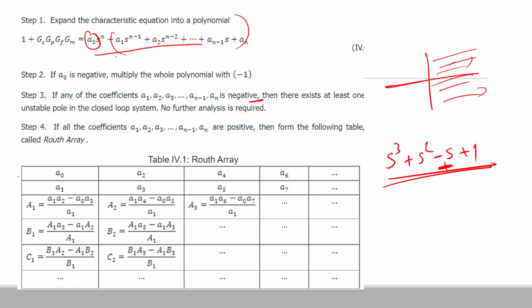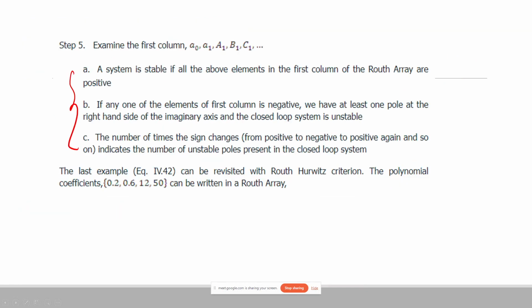That is, if all of these values are positive, that implies the system is stable. Similarly, if any one element of the first column is negative, we have at least one pole on the right hand side of the imaginary axis, and the closed loop system is unstable.